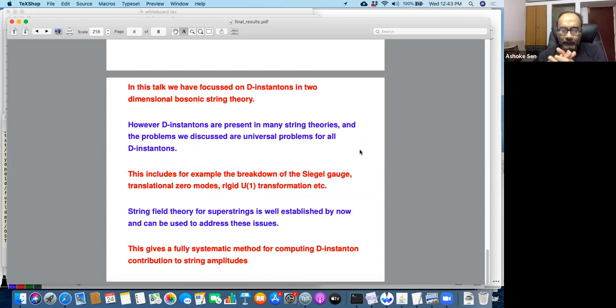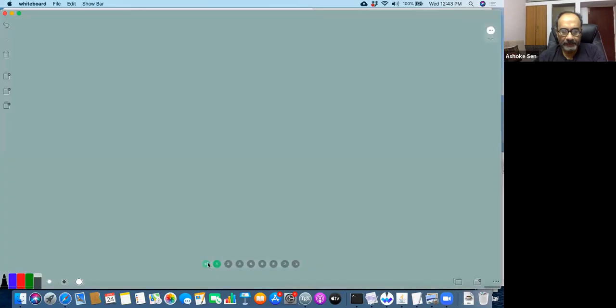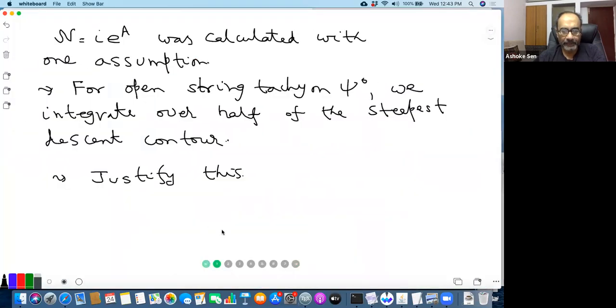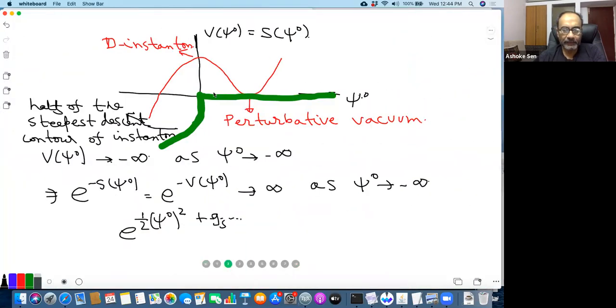I think that part of the procedure we are following here as well. But here you have a little more control because of the tachyon potential. Because you understand the tachyon potential, you know exactly how you should rotate, so that we choose this kind of contour to get a sensible result.